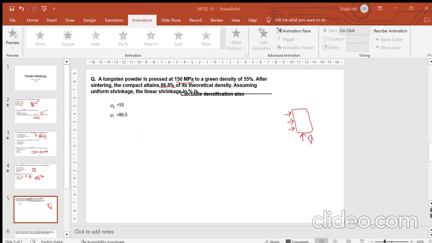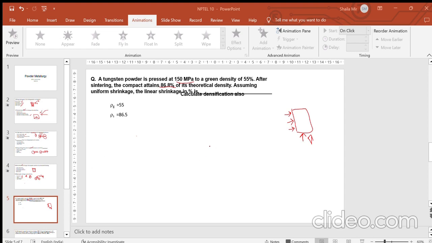So this is your relationship. We have a relationship between sintered and green density. So we can write that the sinter density is obviously higher than the green density.